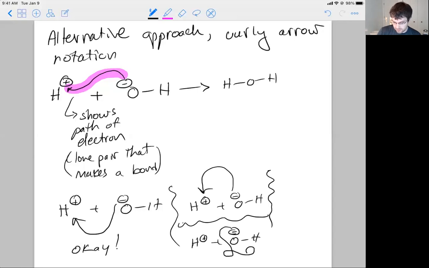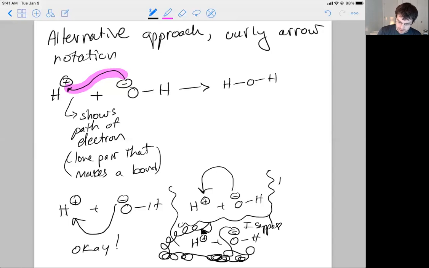Like if you're like, well, I'm going to go over here, go over here. I would prefer you not do this. But I suppose it's okay. I mean, as long as you have an arrowhead at one end, and it's that end that's pointing towards the positive, then it's okay.